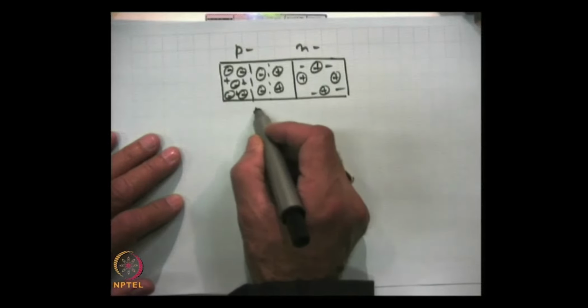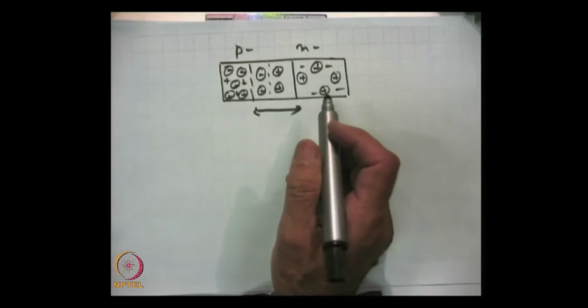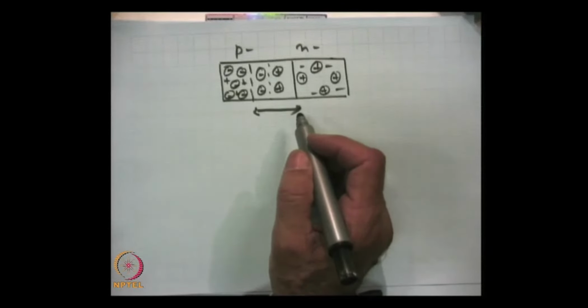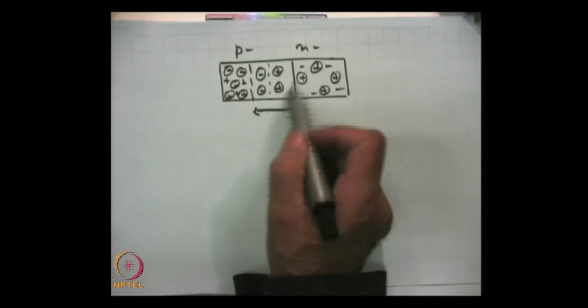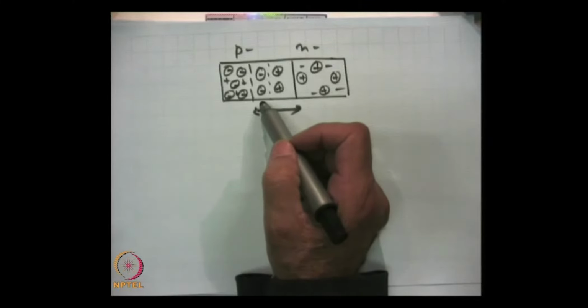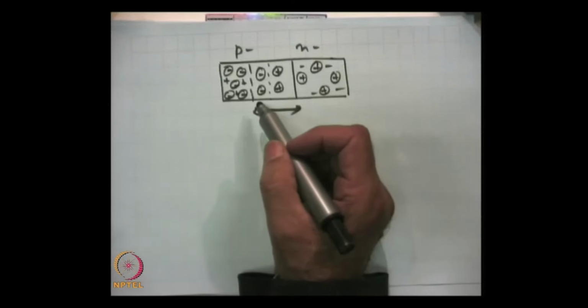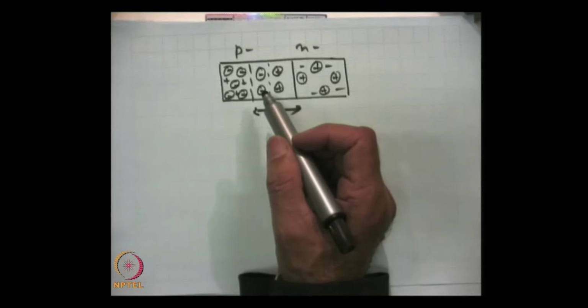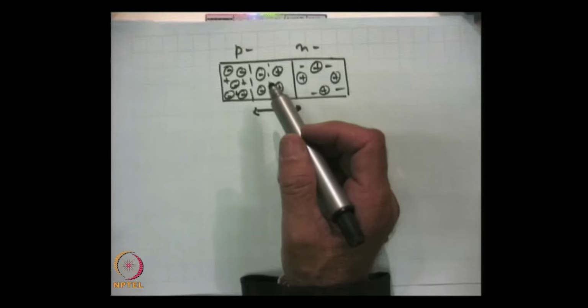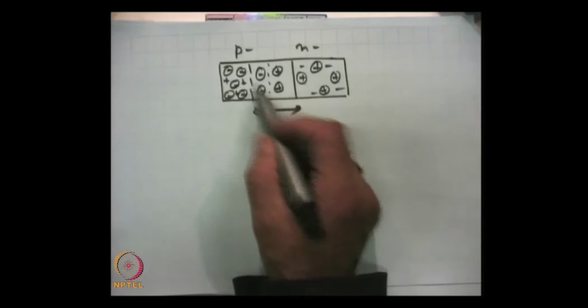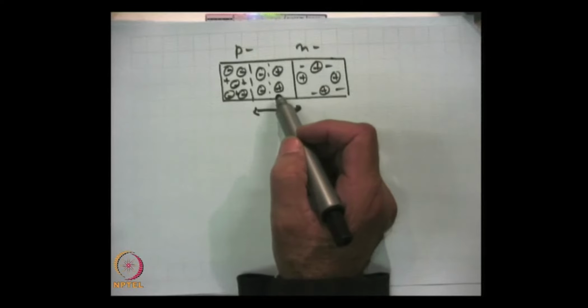From this region, mobile charges have disappeared, have depleted. Where have they gone? The holes and electrons met here and both recombined, and as I just now explained, in recombination the electron disappears in the sense it is not in the conduction band, and the hole is also not there, because then it becomes a bound electron in the valence band like many other electrons. So, this region is devoid of mobile charge carriers.